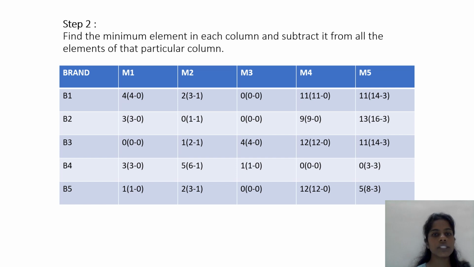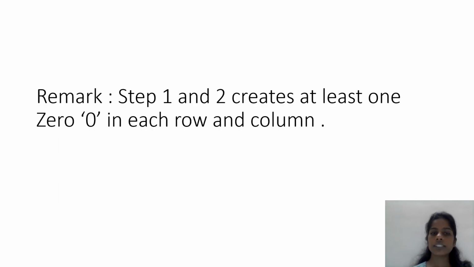So first we need to find the minimum element in each row, and then in step 2 we need to find the minimum element in each column. Remark: steps 1 and 2 create at least one zero in each row and column.